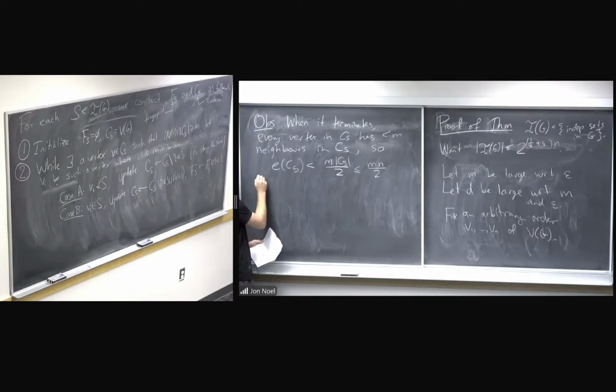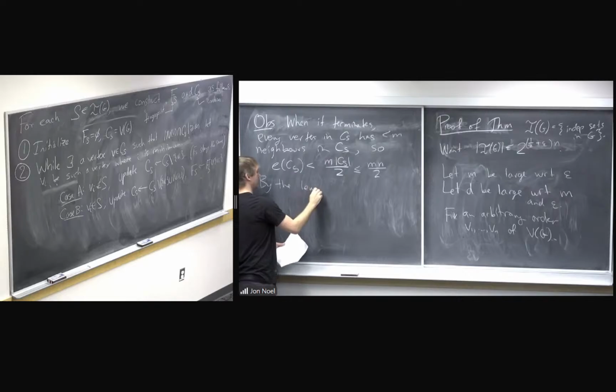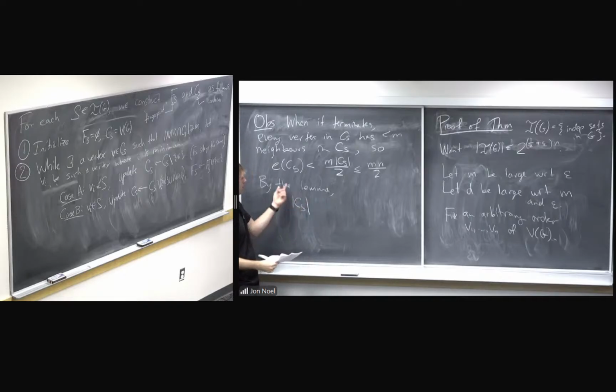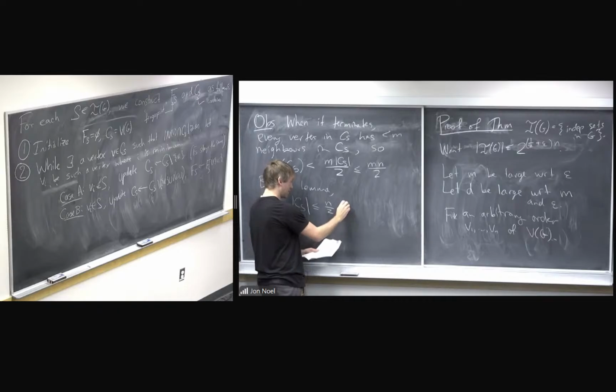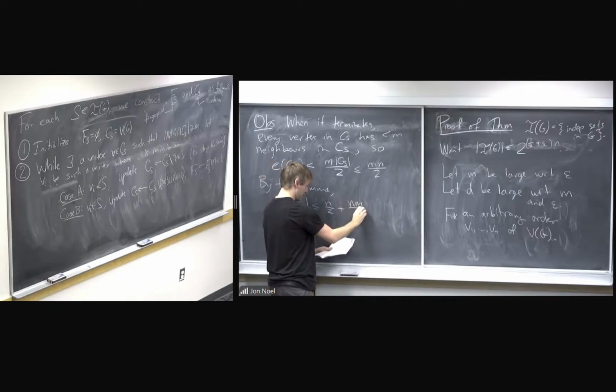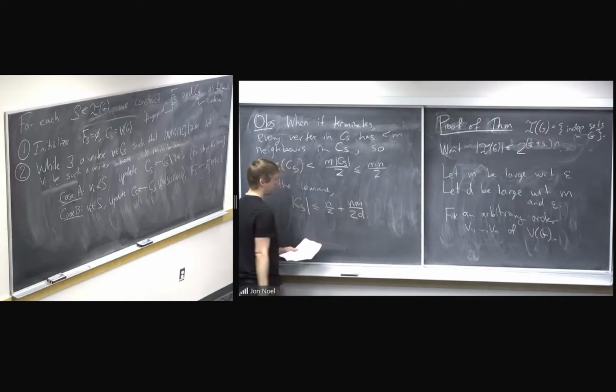So by the lemma, the one that I just erased, this container can't be too big, because we've bounded the number of edges inside of it. So it can't be bigger than n over 2 plus n times m over 2d.